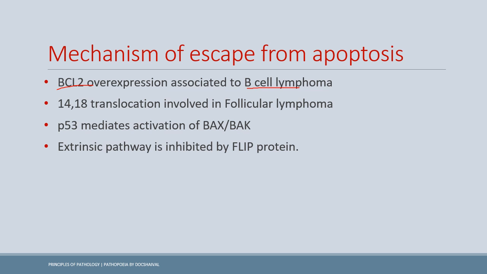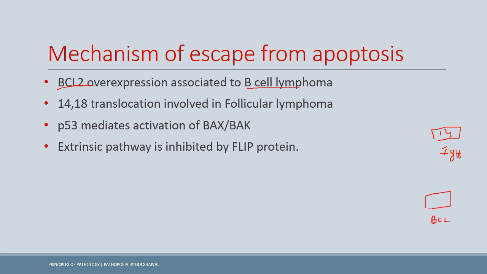The second thing is that we have something called the 14;18 translocation. Now normally we have this IgH gene, the immunoglobulin heavy chain gene, which is highly proliferative, and this is present on the 14th chromosome. But we have another gene we already know, BCL2.